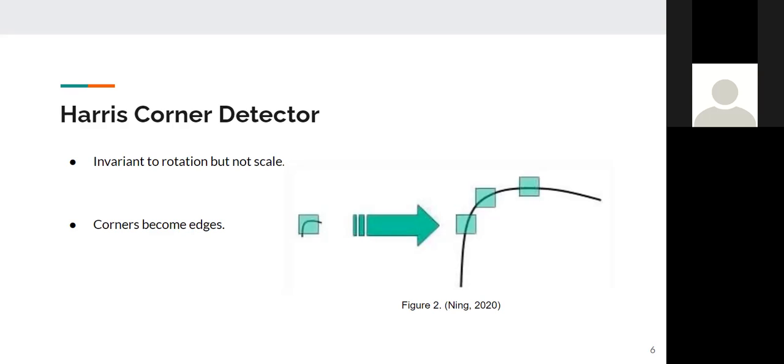In the larger object, the feature matching windows can only see a line segment of the object, so it defines the features as edges. While in the smaller scaled object, the feature matching window sees the entire object and labels it as a corner. So feature matching in this case could not successfully be accomplished.